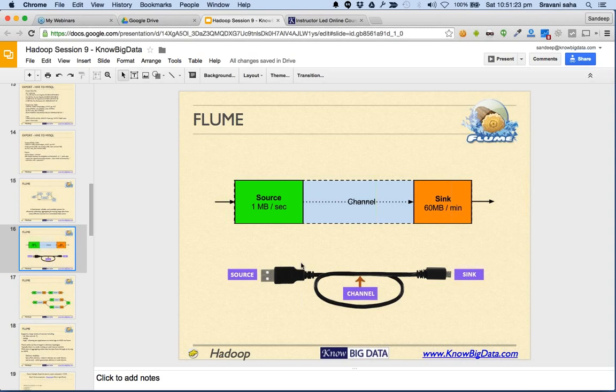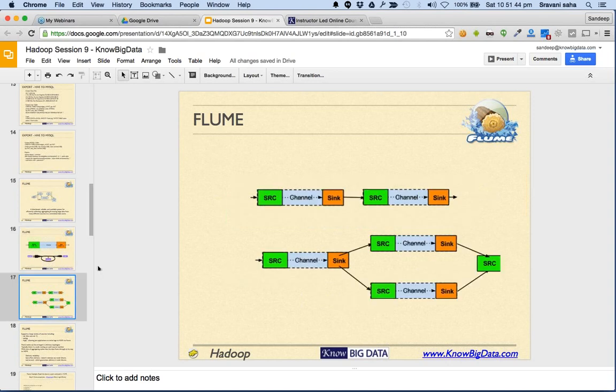Now you can use multiple sources and sinks in conjunction. A sink can be connected to another source, although this diagram makes you feel that a sink cannot connect to a source, but it can. A sink can connect to another source like this. See that?